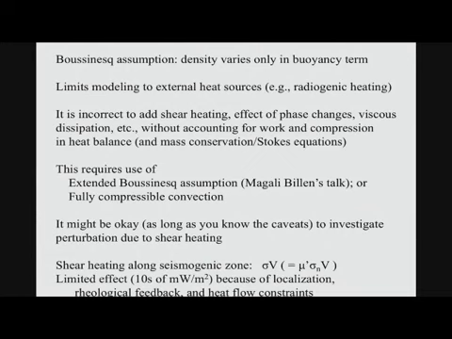both shear heating and viscous dissipation, where viscous dissipation is distributed, is essentially an expression of the inefficiency of converting heat into mechanical work. It is the second law of thermodynamics. The Boussinesq assumption is ignorant of the second law of thermodynamics. It satisfies the first law of thermodynamics, but it assumes that entropy stays constant.